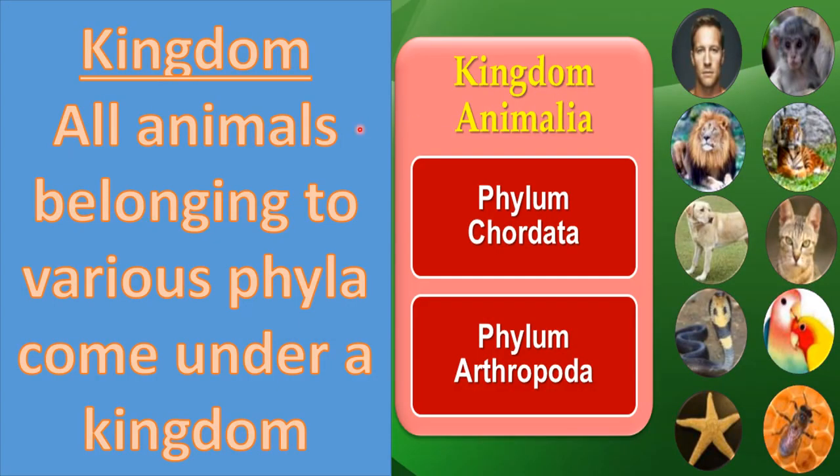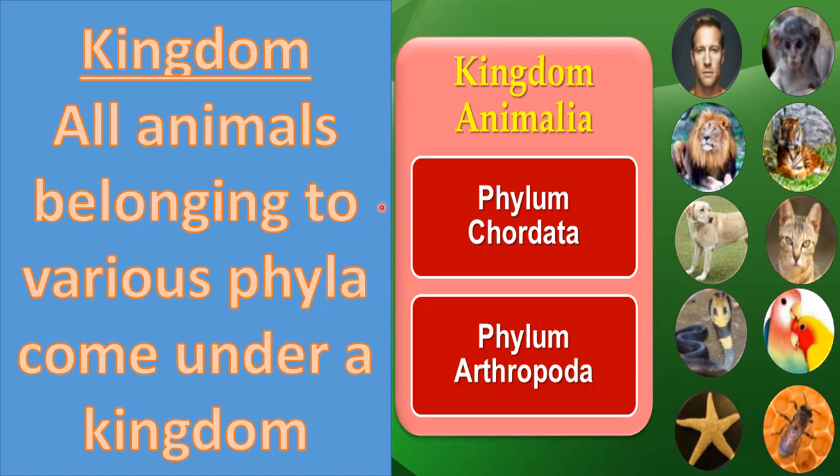Next, the highest category of the taxonomical hierarchy is kingdom. So there are 5 kingdoms. Out of that, one is Animalia, and this Animalia kingdom includes all the animals belonging to various phyla.